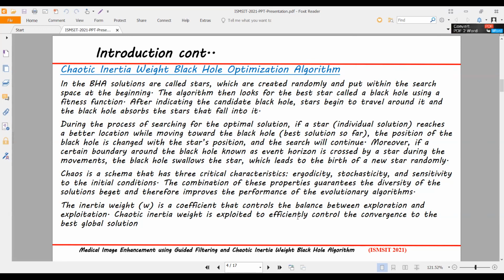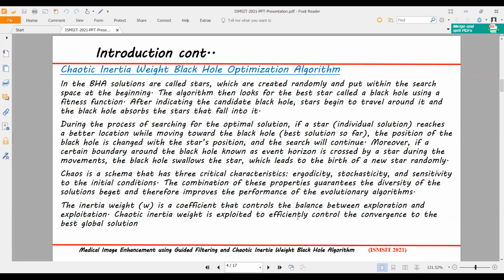Moreover, if a certain boundary around the black hole, known as the event horizon, is crossed by a star during the movement, the black hole swallows the star, which leads to the birth of a new star randomly. Chaos is a scheme that has three critical characteristics: ergodicity, stochasticity, and sensitivity to the initial condition.